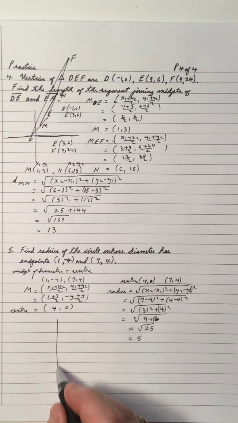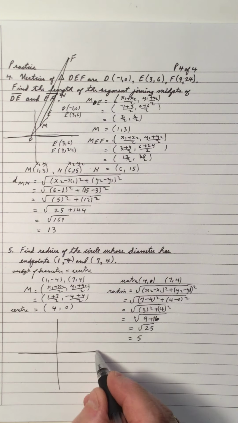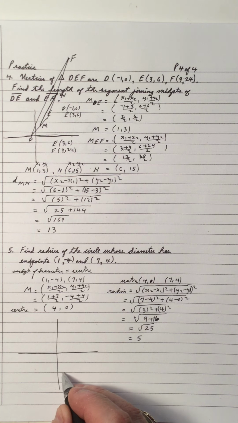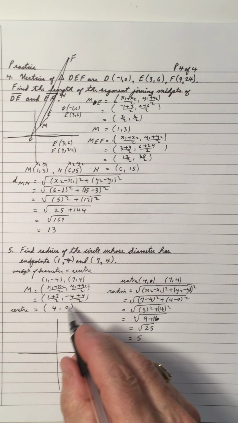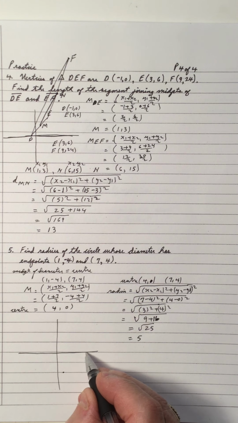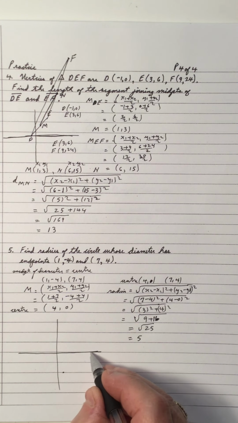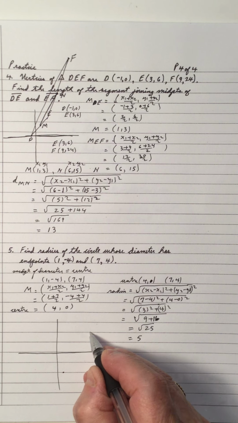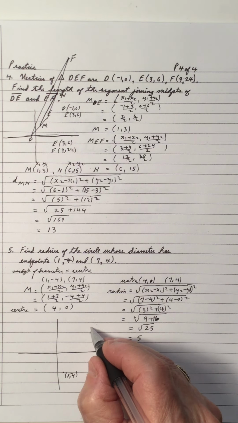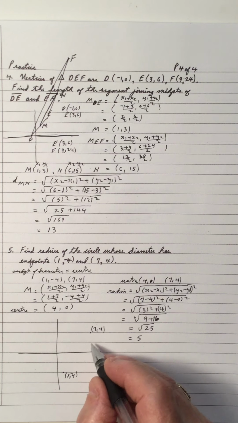So just a little quick picture to show you. We have a point where x is 1, y is negative 4, and a point where x is 7 and y is 4.